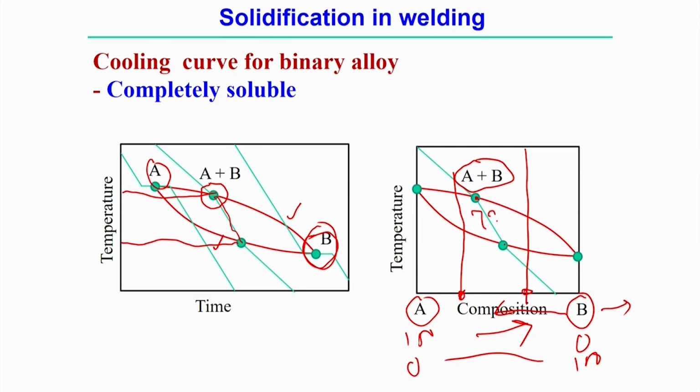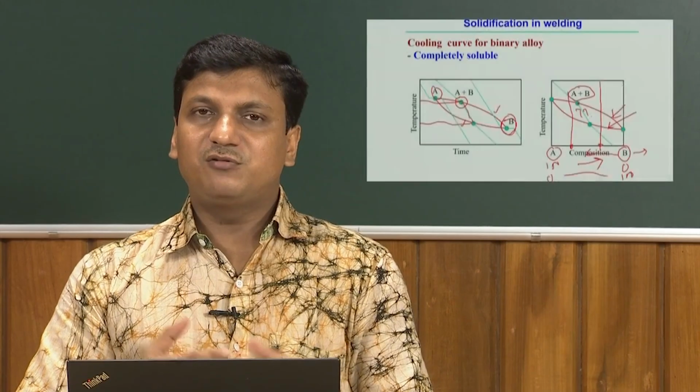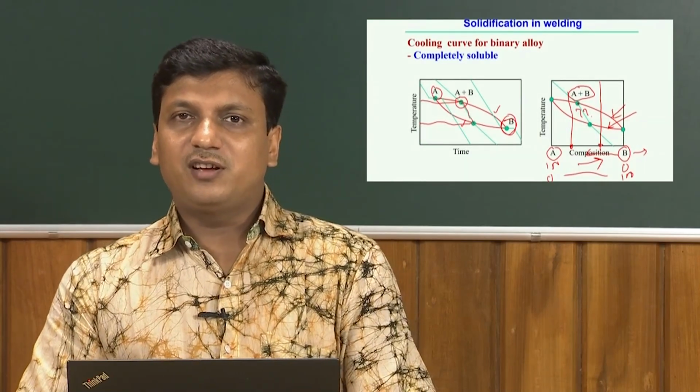In between, a mixture of solid phase and liquid phase coexist, between the two lines. This line represents the liquidus temperature line, and this curve represents the solidus temperature line. So, in this simplified way we can represent the cooling curve of an alloy system.